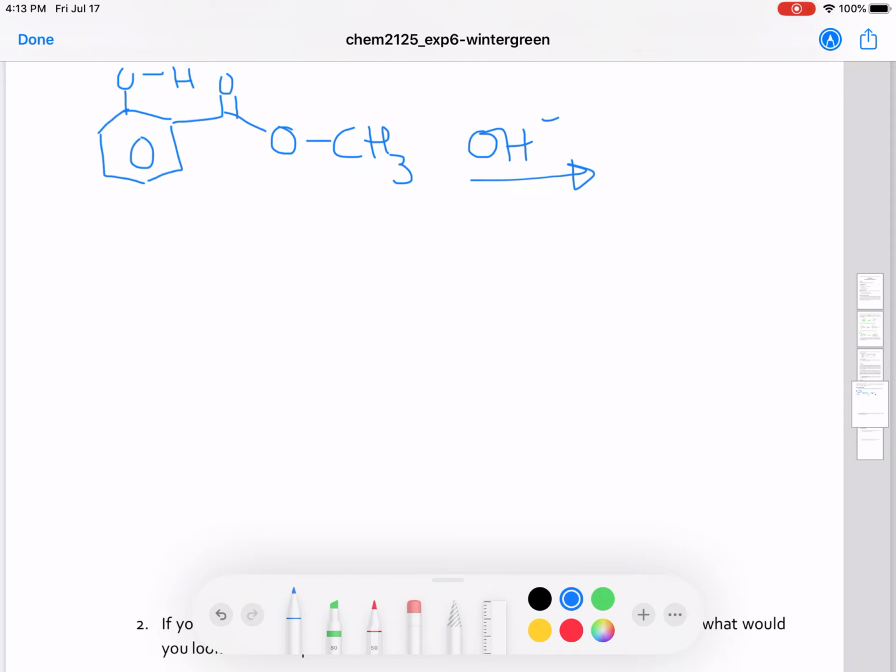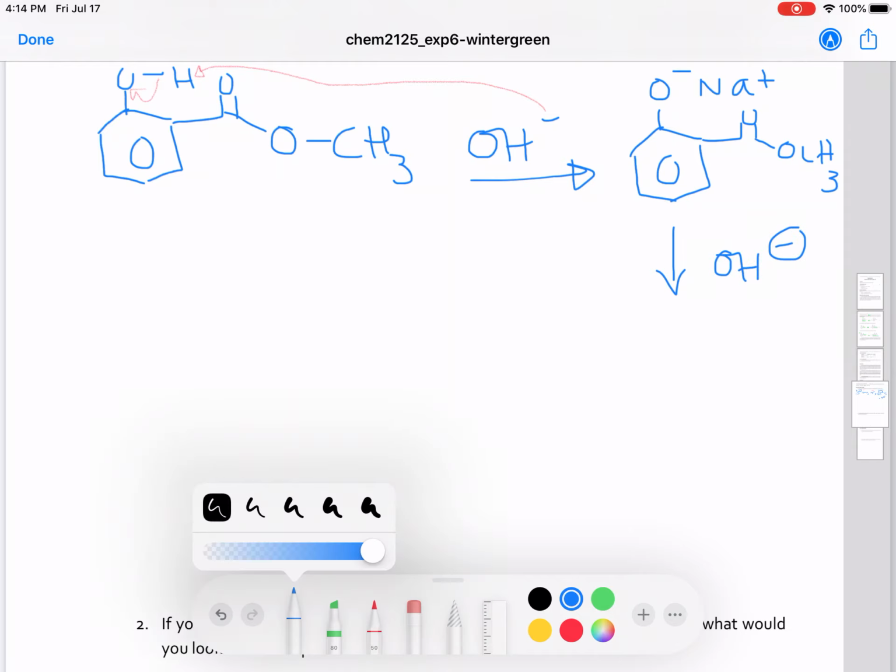What's going to happen is first, the most acidic hydrogen, the base will react with this hydrogen and form the phenate anion. So you will be getting something like this with the first equivalent of sodium hydroxide, with the COOCH3, and then the second equivalent of the hydroxide.